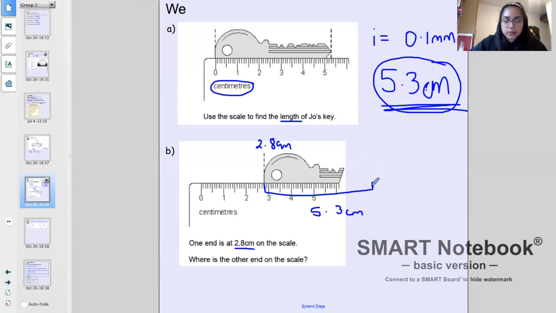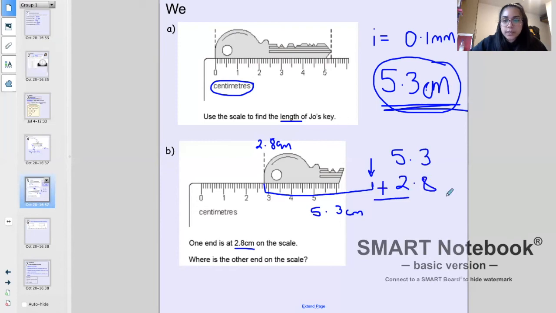How can I work out what this point here is, where the end of the key reaches? Well done if you said we need to add 5.3 to 2.8, okay? So let's do that together.